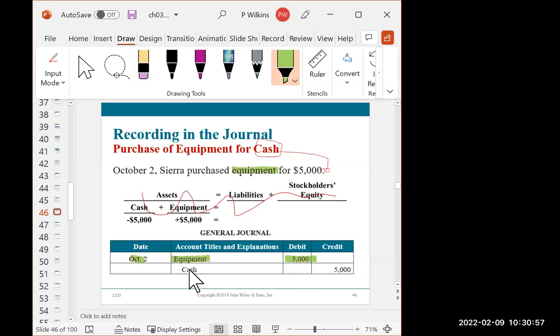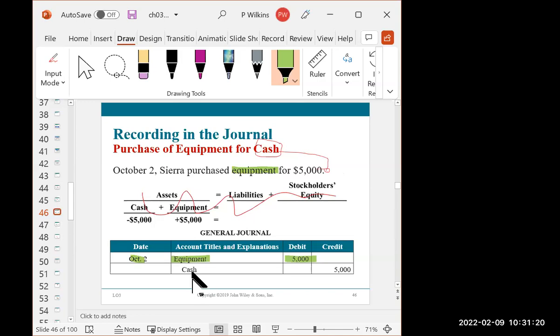Now, anytime it says pays or paid, or anytime you pay cash, your cash is going down. Anytime you're being paid cash, your cash is going up. So anytime it says pays or paid, the cash account is involved on some level. In this case, we paid $5,000, right? We purchased equipment, that means we paid $5,000.